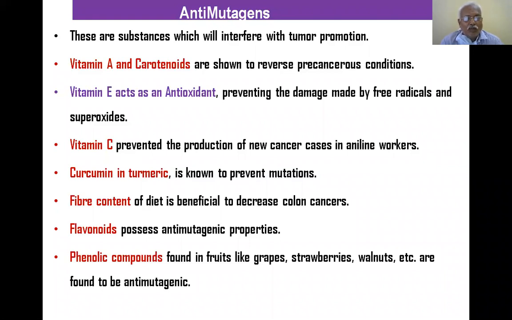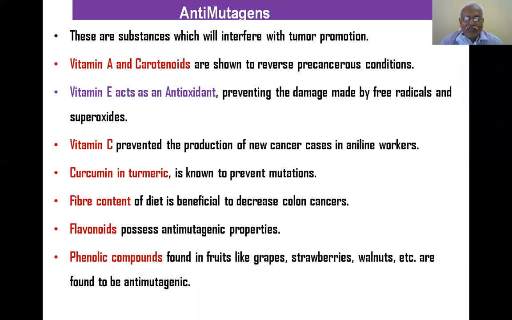And phenolic compounds, such things are found in grape seeds, strawberries, walnuts. These all are found to be anti-mutagenic. Now we eat grapes, seedless grapes only we like. We don't take grape seeds. No fool will chew away the grape seeds along with grapes.